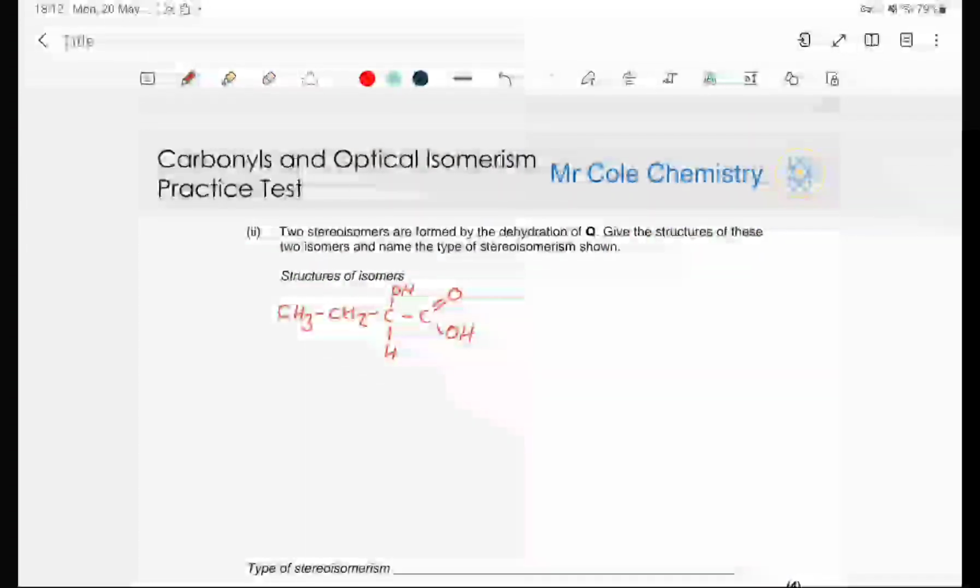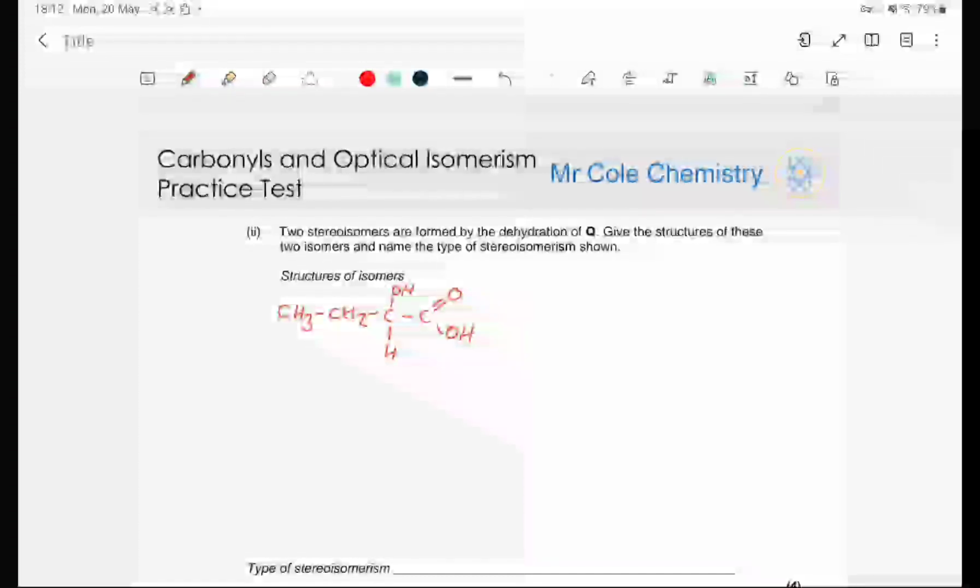Okay, so question B2 says that there are 2 stereoisomers that are formed by the dehydration of Q. Give the structures of these 2 isomers and name the type of stereoisomerism shown. Well, the 2 different types of stereoisomerism are geometric isomers and optical isomers.